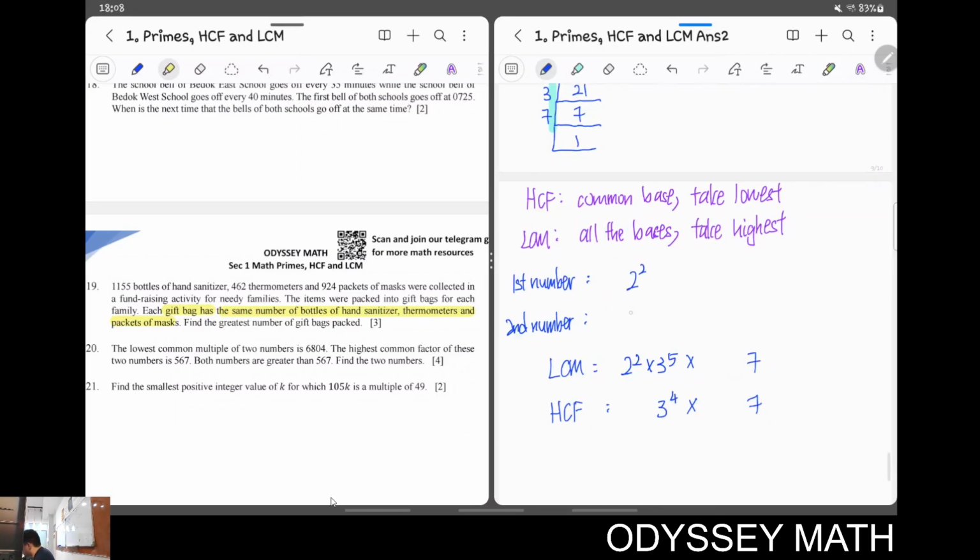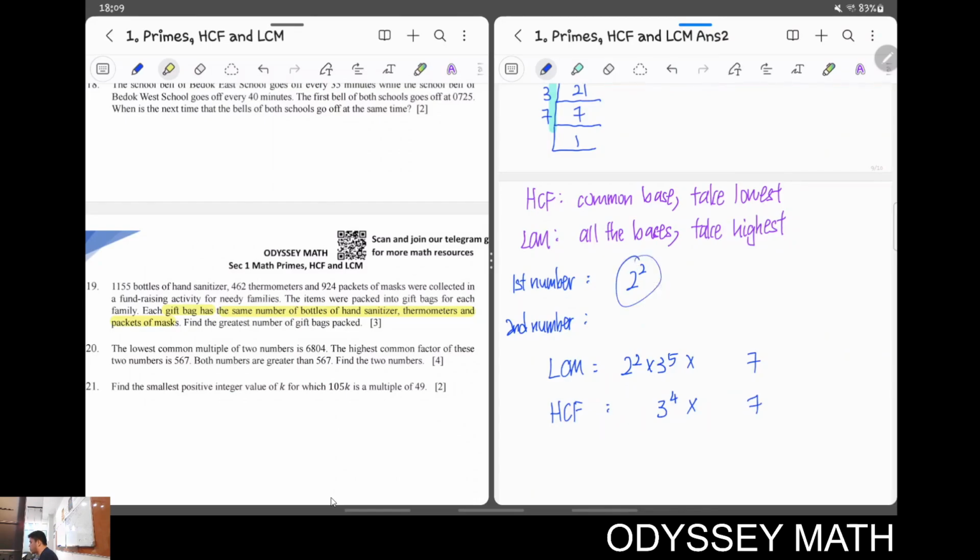But the second number, you cannot have anything because your HCF doesn't have base 2. Remember, HCF means only when I have a common base, then take the lowest. So if HCF doesn't even have base 2, that means there is no common base 2 for both numbers.